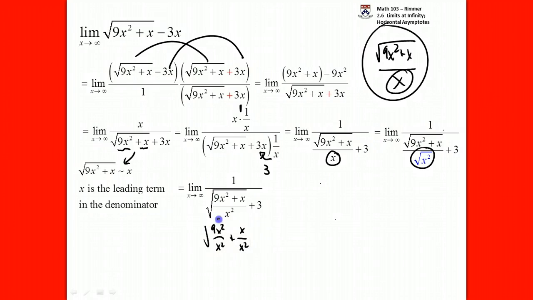You know what I mean? Still underneath a root. So yes, it is 9, but then this guy is a 1 over x. And remember, that's the guy that I attacked at the beginning and said, I don't care about that guy because it goes to 0. And the root of 9 is 3, and 3 plus 3 is 6, and 1 over 6 is 1/6.